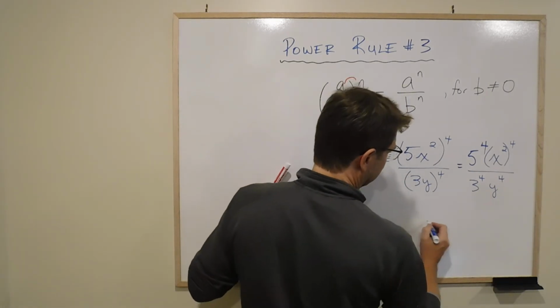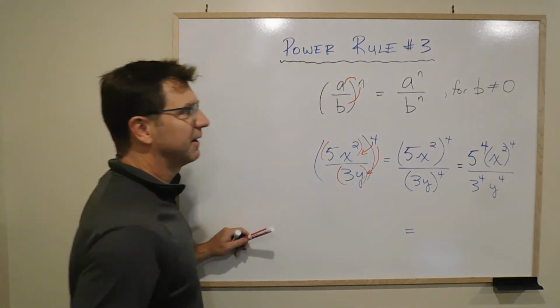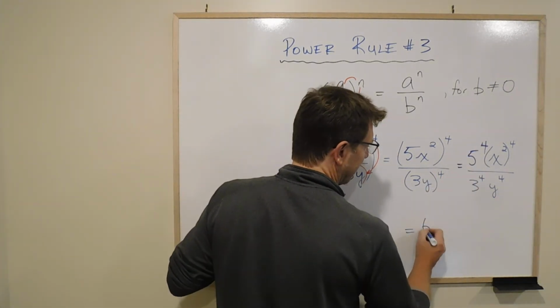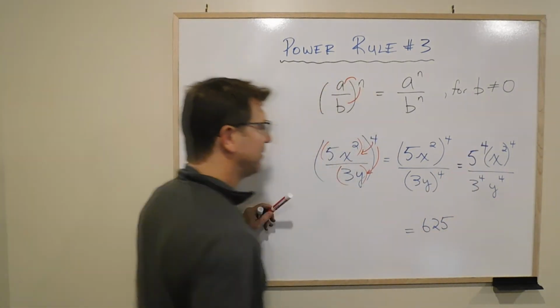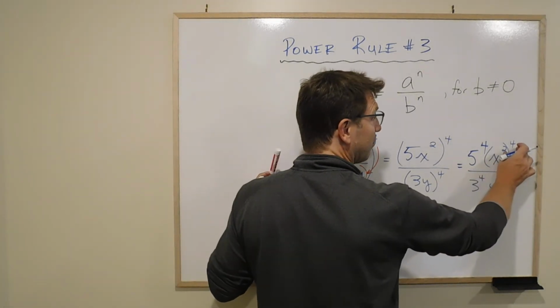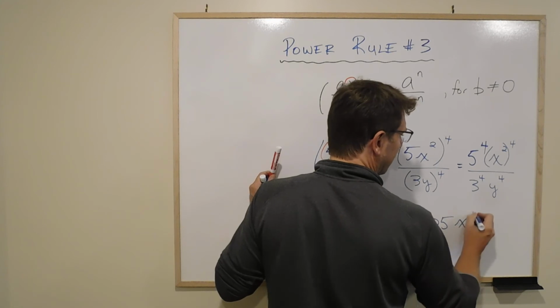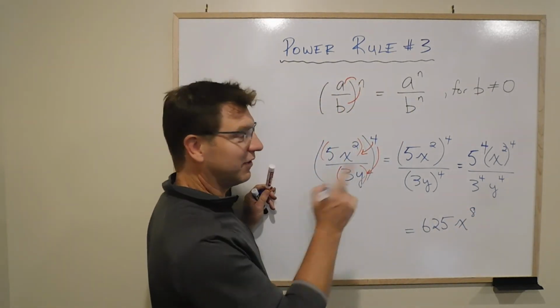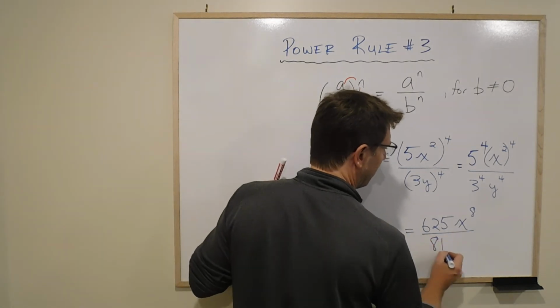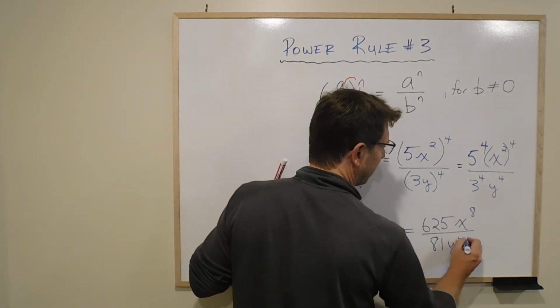And we'll go back here because we're running out of space. And we know that 5 to the 4th is 625, and we know that because we can put it into our calculator. X squared to the 4th, we're multiplying those exponents. X to the 8th, because 2 times 4 is 8. Down here, 3 to the 4th is 81, and that just stays as y to the 4th.